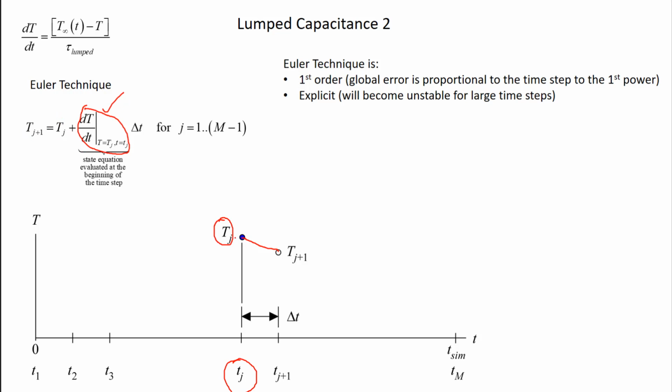I know the temperature and time at the beginning of the time step, and it's an explicit equation to give me the temperature at the end of the time step. The practical implication of that is this is going to be unstable. So today we're going to look at several other techniques that are better than this, more advanced, and they'll either be higher order, or they will be implicit.